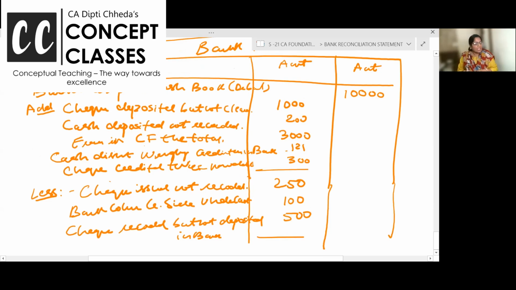Chalo, do the totals. How much are you getting as the balance as per the passbook?